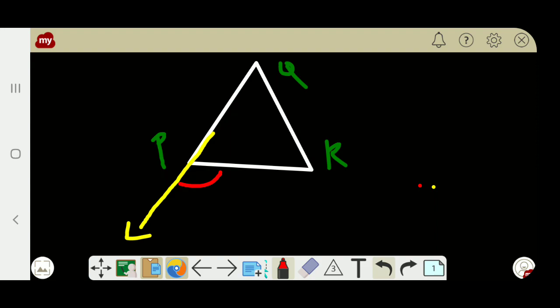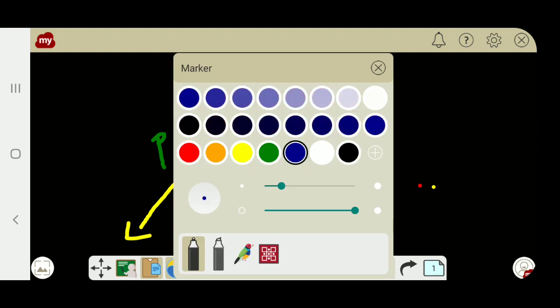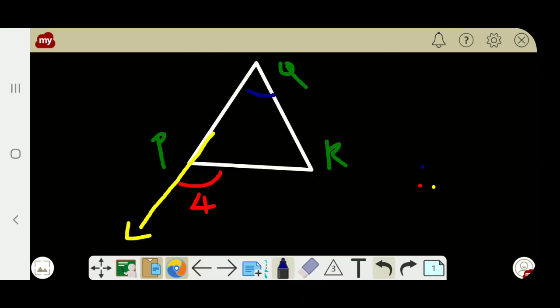Actually, there are three angles in the interior, so this is the fourth angle. So, we can mark here its opposite angles.